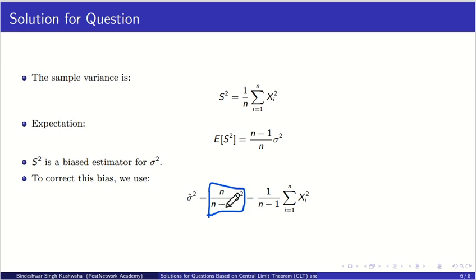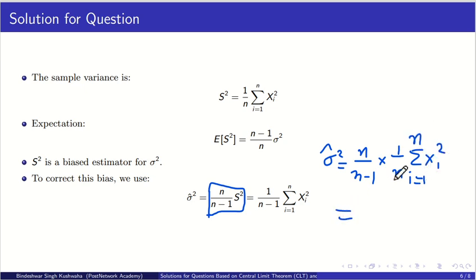So sigma hat, that means the unbiased estimator of population variance, would be equal to n upon n minus 1, and we plug in s square, so that would be equal to 1 upon n summation i equal to 1 to n of xi square. Then this can get cancelled, and we get 1 upon n minus 1 summation over i equal to 1 to n of xi square.